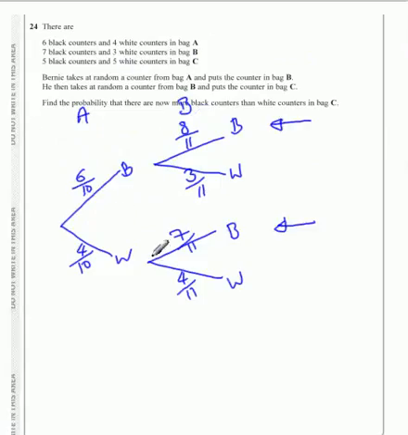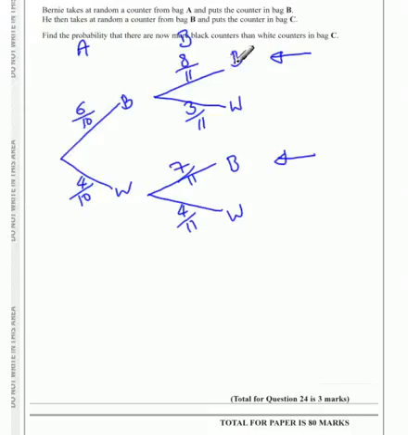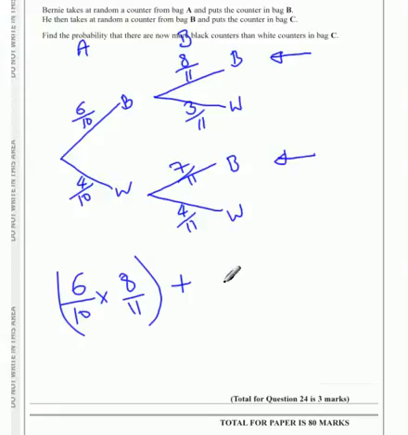The way we work those out is by multiplying along the branches and then adding together the values we get at the end. So for that top one, it's going to be 6/10 times 8/11. And we're going to add that to this second branch at the bottom. So that is 4/10 times 7/11.